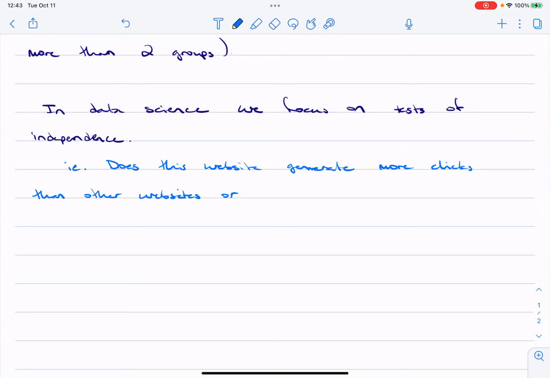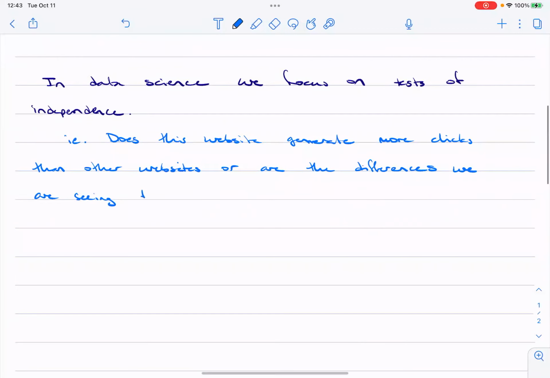Or are the differences we're seeing due to chance alone, due to random chance? Right, so that would be the test of independence.